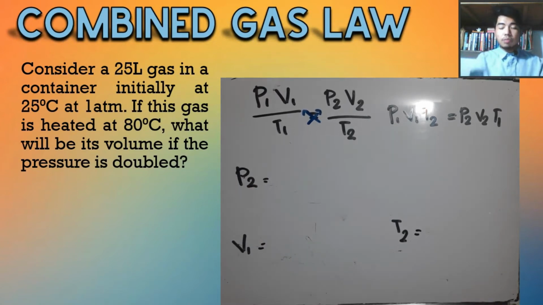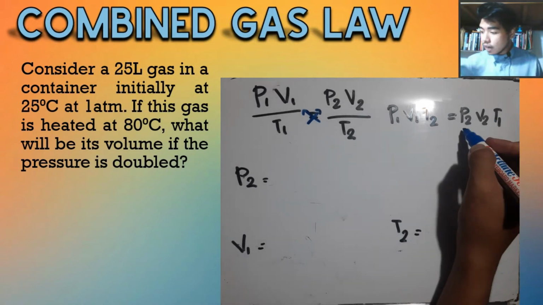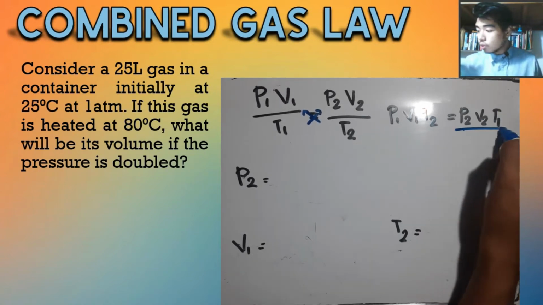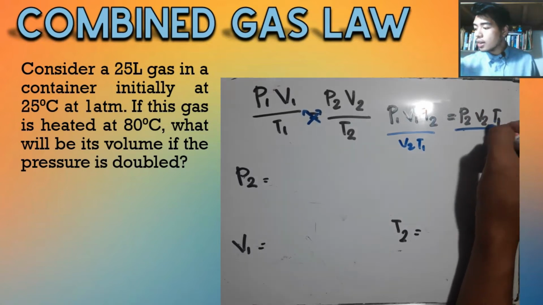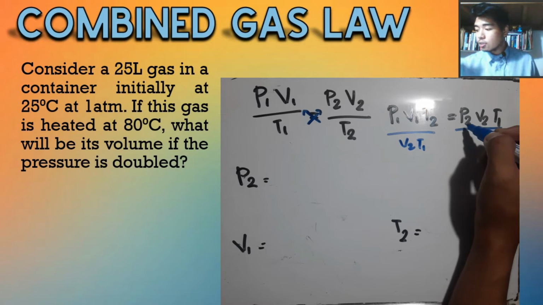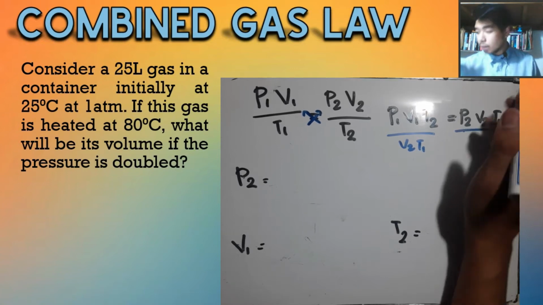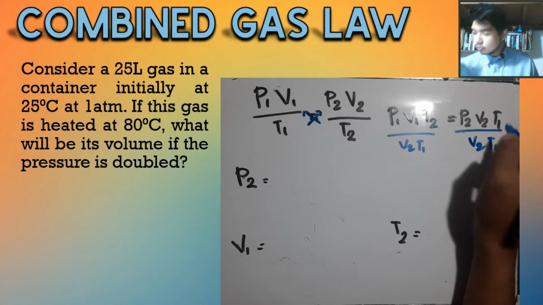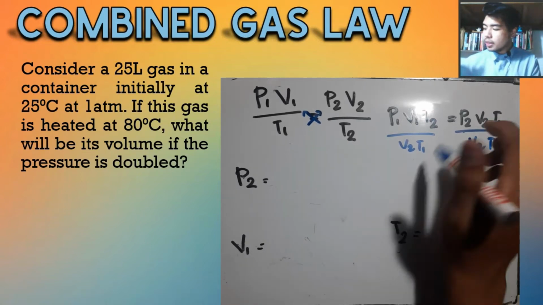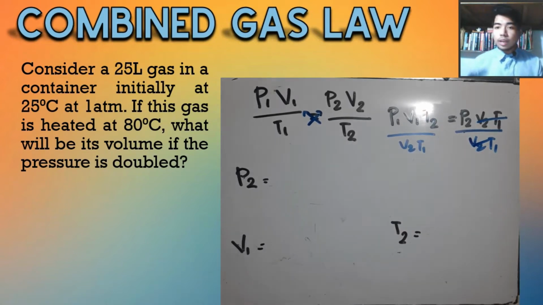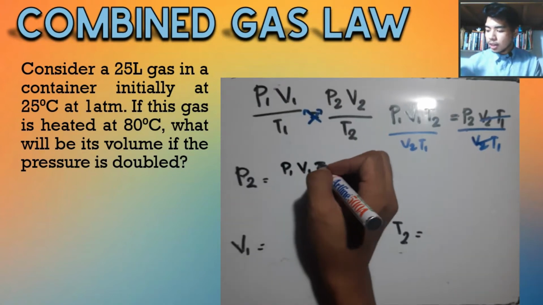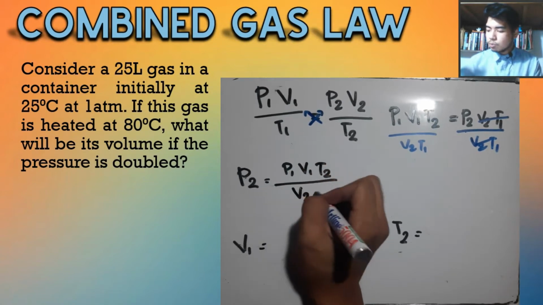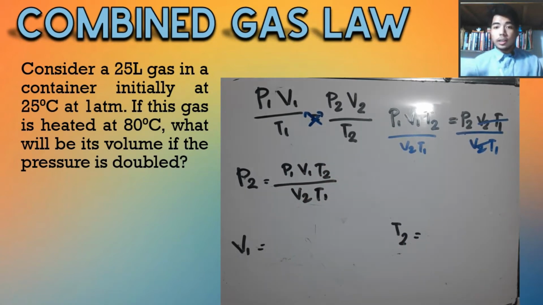Since we have P sub 2, we divide both sides by V sub 2 and T sub 1 to eliminate these terms and isolate the final pressure. Once we eliminate these terms, we arrive at the formula P sub 2 equals P sub 1 times V sub 1 times T sub 2 over V sub 2 times T sub 1. That would be our formula for P sub 2.